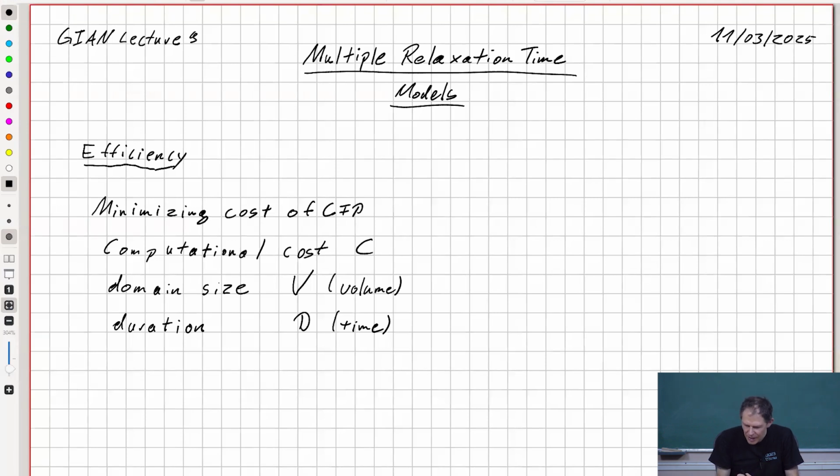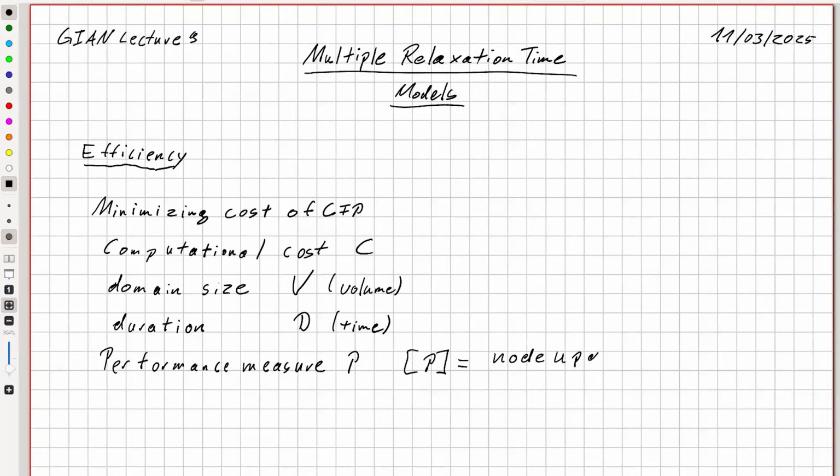And then we need for our code also a performance measure, P, and this P in the lattice Boltzmann world comes in so-called node updates per second.